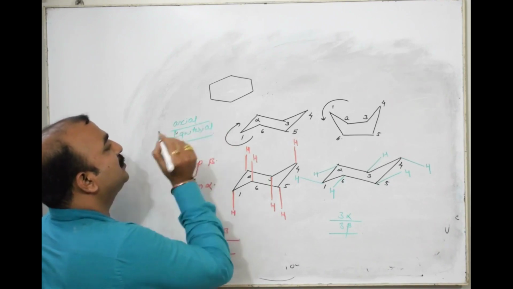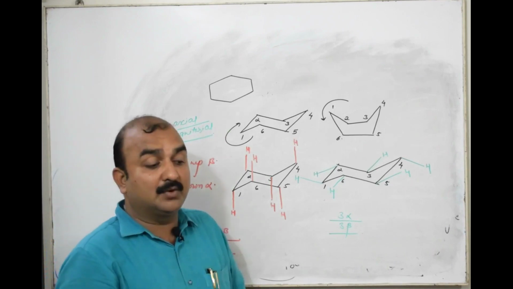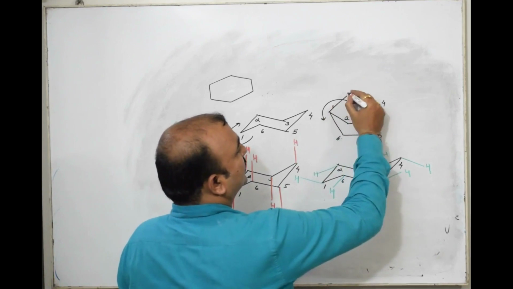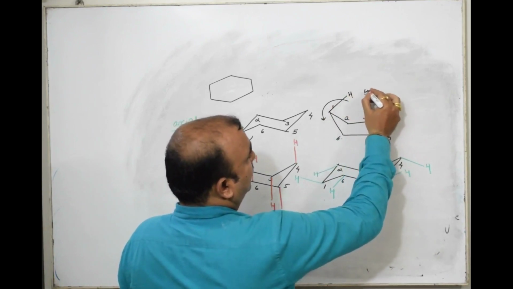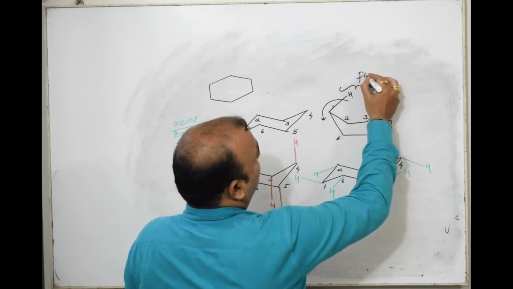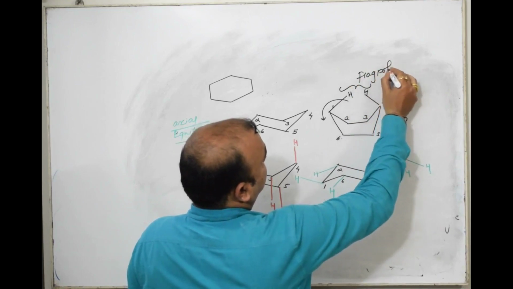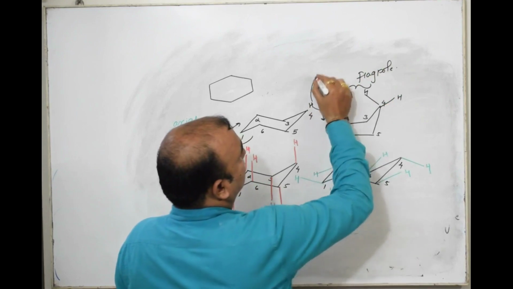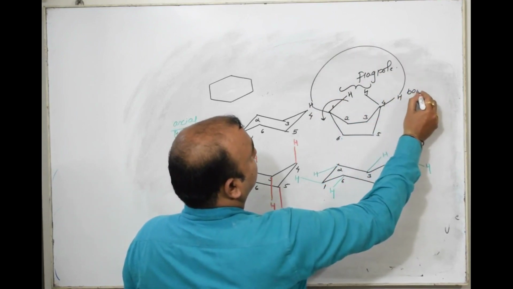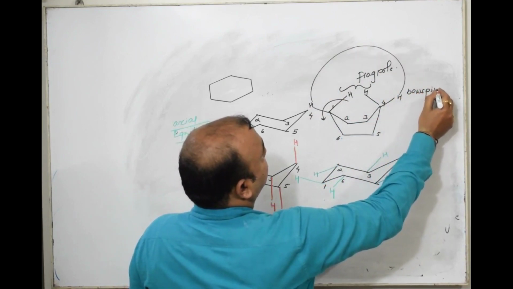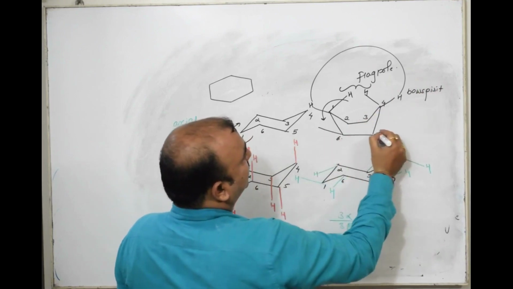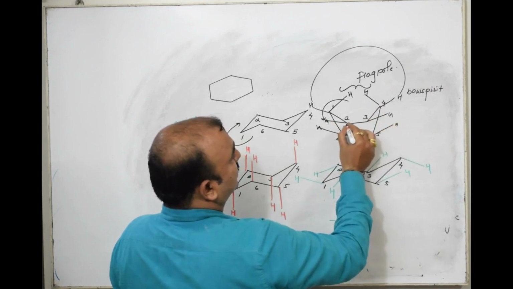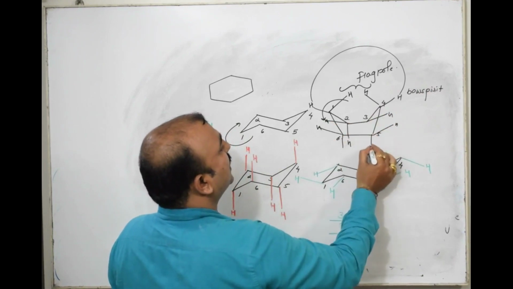Now we are going to see how many different types of hydrogen are present in the boat. Please see, in the boat conformation, these hydrogens are known as flagpole hydrogens, and these hydrogens are known as bowsprit. These are equatorial and these are axial hydrogens.